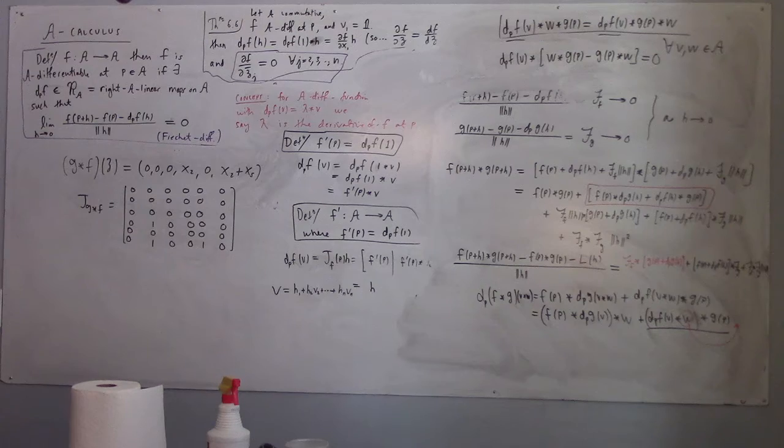If you throw in continuity in addition to D2 differentiability at a point, that is enough to get D1 differentiability at that point. D1 is basically that the function is real differentiable and that the differential is in fact right A-linear.